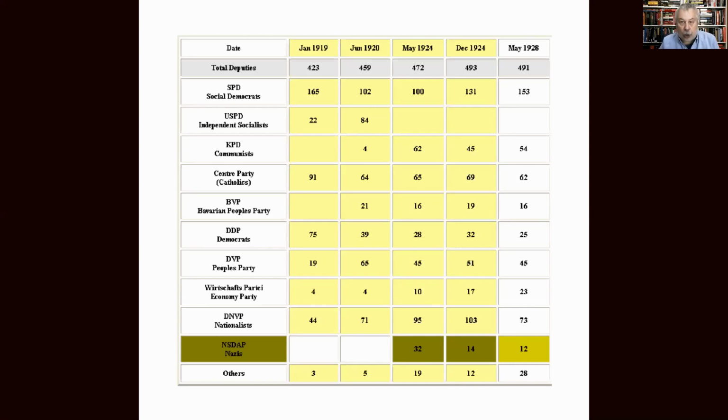Not a very good showing. And Hitler, of course, was sitting in prison at that moment. 4 years later, the Nazis now run as the new Nazi Party, and they get 2 seats less. They get 12 seats out of 491 seats, hardly anything. So it's not boding very well for the Nazi Party.